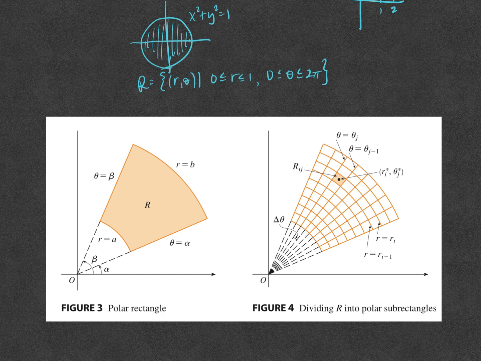You can see how r is between a and b, and theta is between alpha and beta. So you can see how the boundaries are set up, and we could find the volume under that surface when we're working in polar rectangles. If you were supposed to do the midpoint, it wouldn't be too difficult a task.